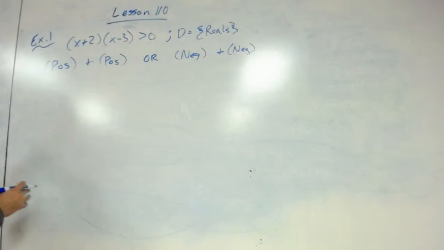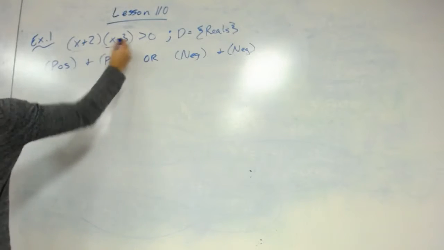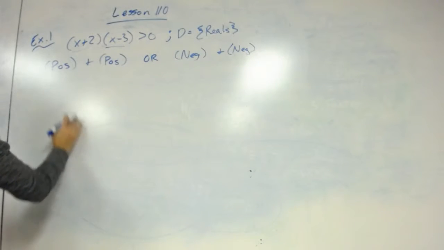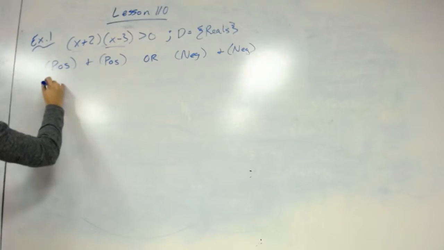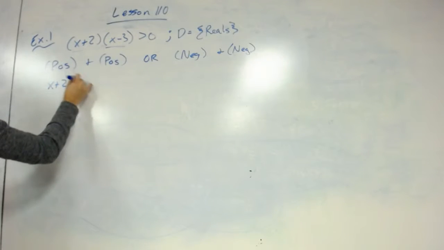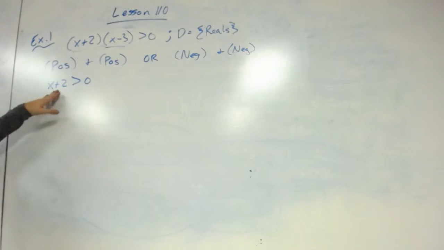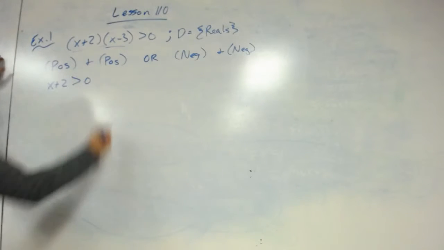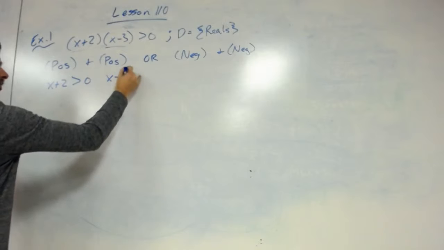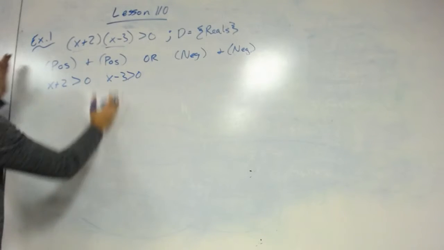So what we're going to do is isolate each of these two expressions. If it's positive, we want x + 2 to be greater than 0 and x − 3 greater than 0. Let's solve this side first.